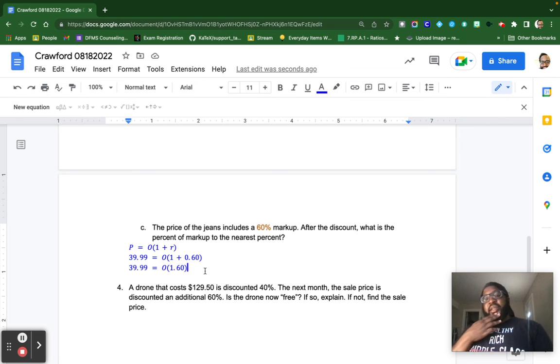And the reason I can say that is because the difference between 10 plus 6 and 1 plus 0.6 is that to get from 10 plus 6 to 1 plus 0.6, you divide by 10. So 10 divided by 10 is 1. 6 divided by 10 is 0.6.